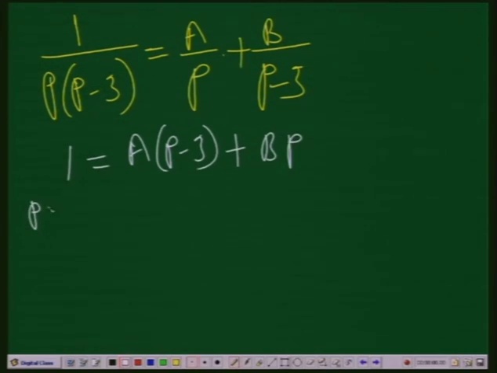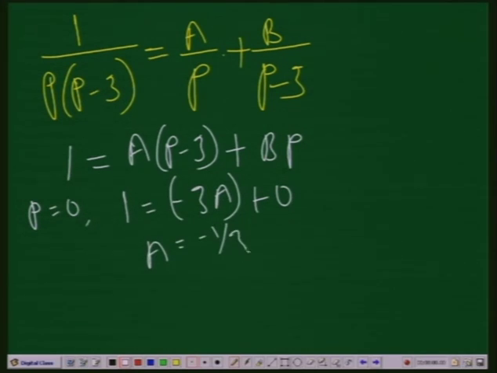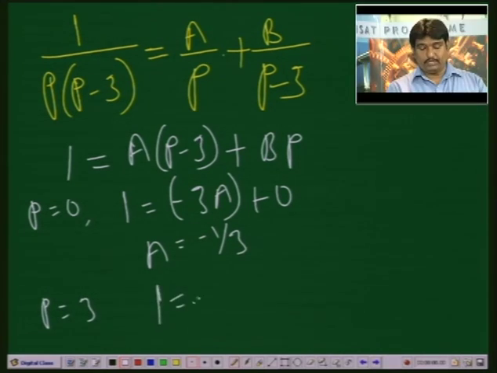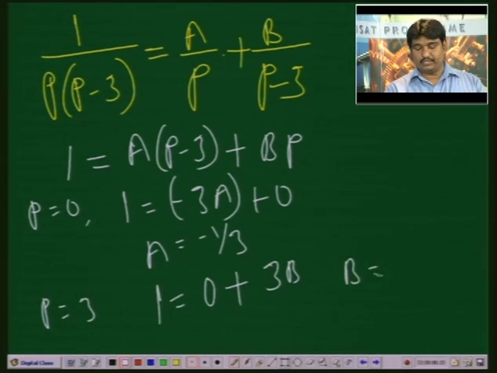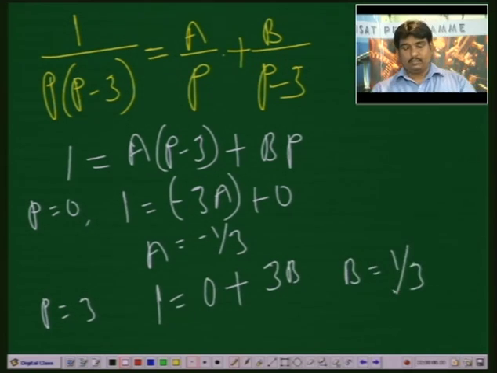Now put p equals 0 to get 1 equals minus 3a plus 0. So a equals minus 1 by 3. This is a. Now put p equals 3, that is, equate the other factor p minus 3 to 0 to get p equals 3. You get 1 equals 0 plus 3 into b, therefore b is 1 by 3.